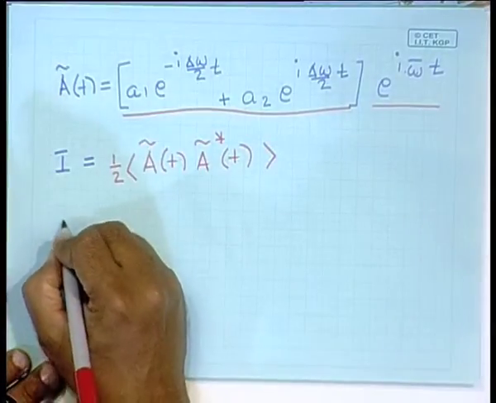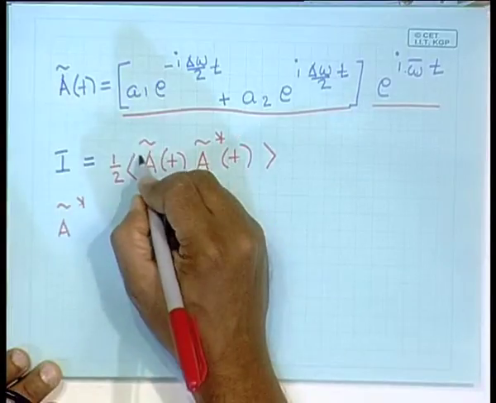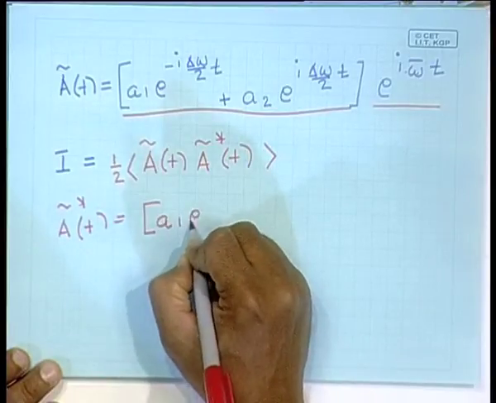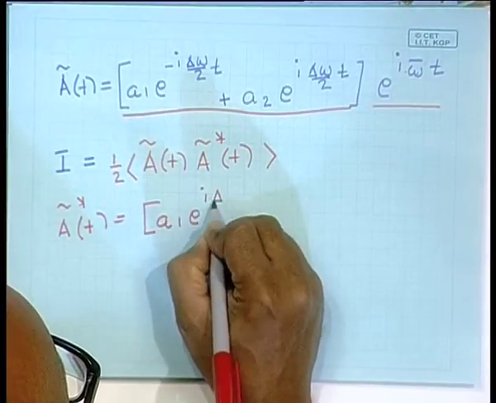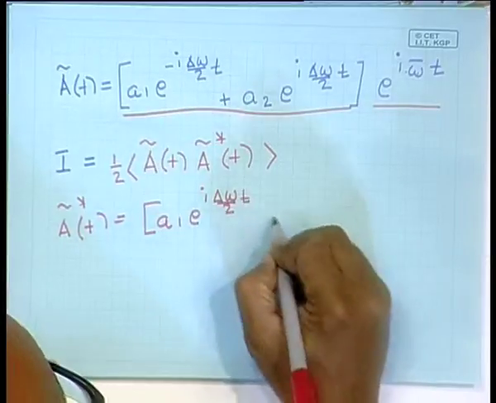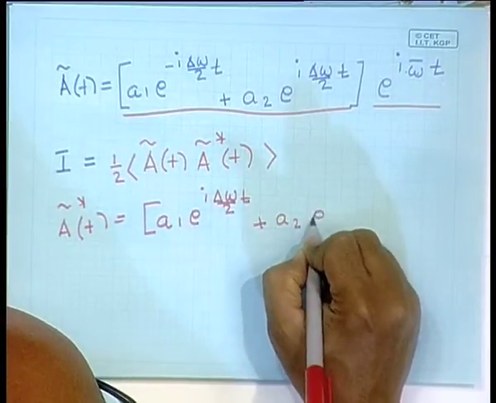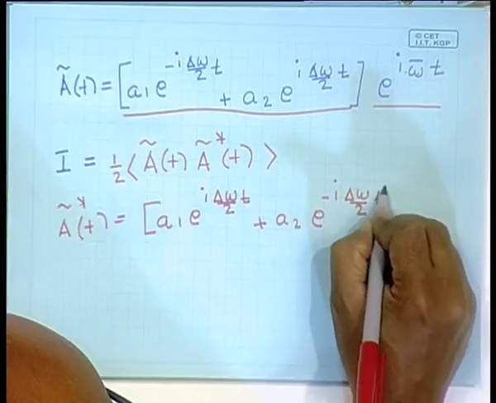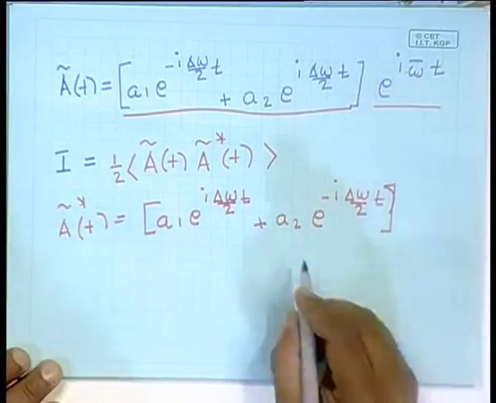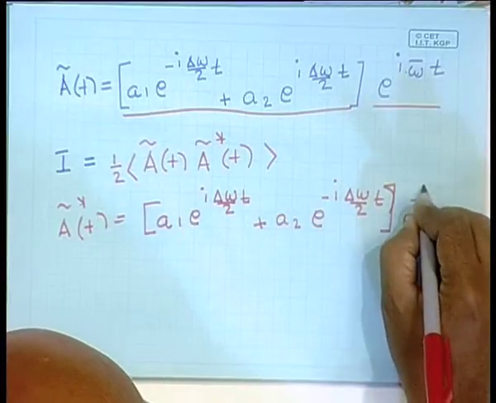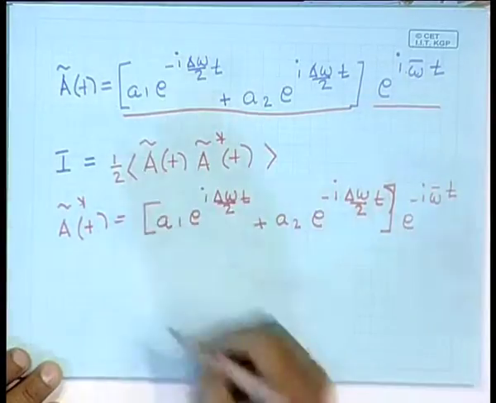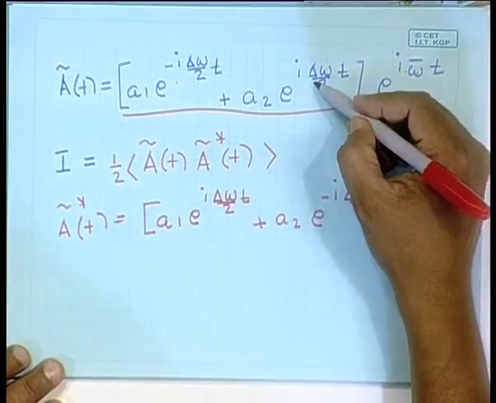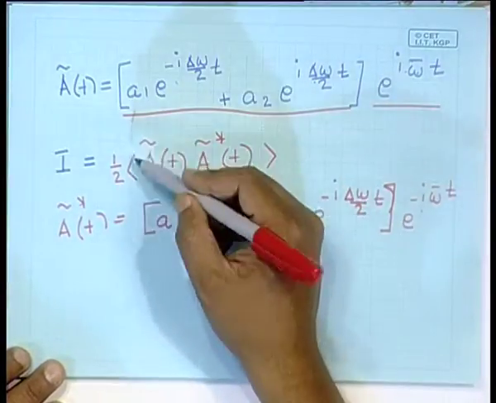So, if you take the time average of this, with the complex conjugate of this, what you get is this into e to the power minus i omega bar t, and we multiply these two. So, these two factors will cancel out, and this into this is going to give us a1 square, this into this is going to give us a2 square, with that factor of half.